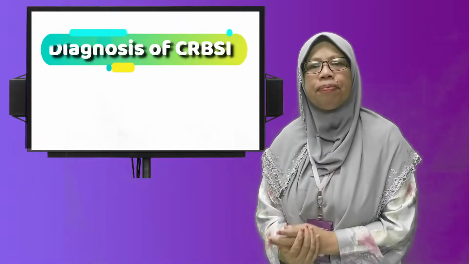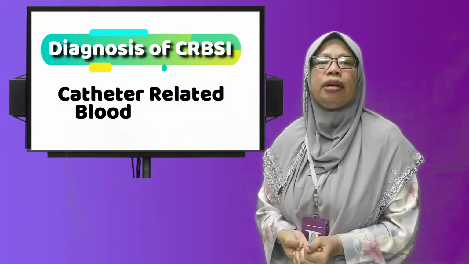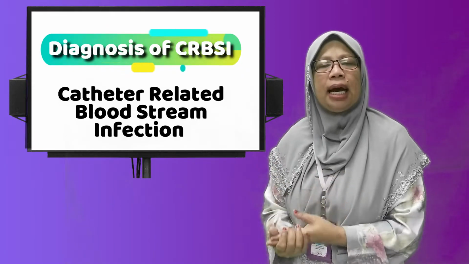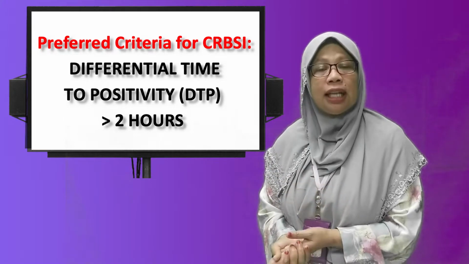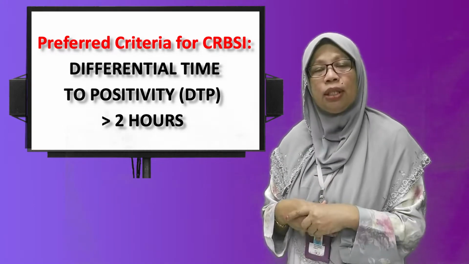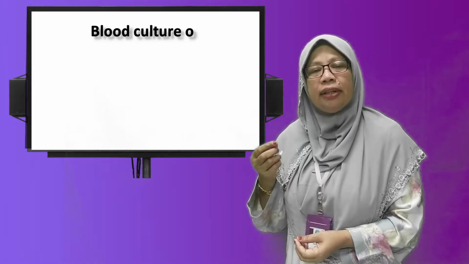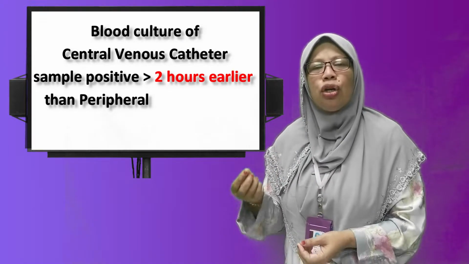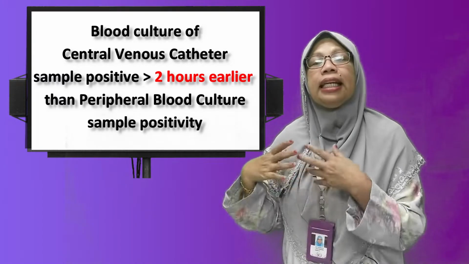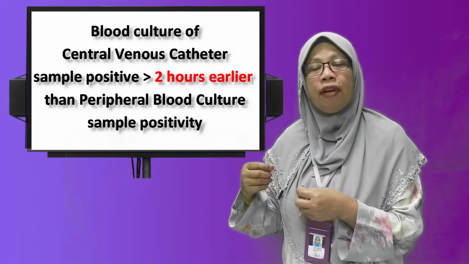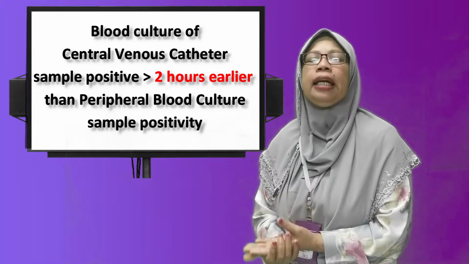Okay. In Malaysia, the preferred criteria for diagnosis of CRBSI is what we call DTP, differential time to positivity, which means to say that the central venous catheter sample should grow 2 hours or more earlier than the peripheral venipuncture blood sample, right?